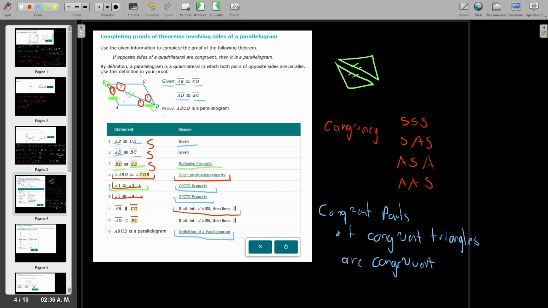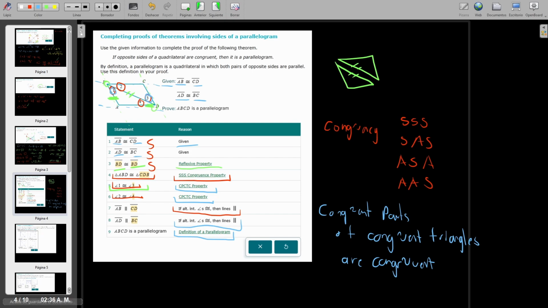Now that is the same for AD. Why? Because we compare its internal parallel angles. We need the 3 and the 1. They are the same, so alternate internal angles are the same, are congruent, then the lines are parallel.